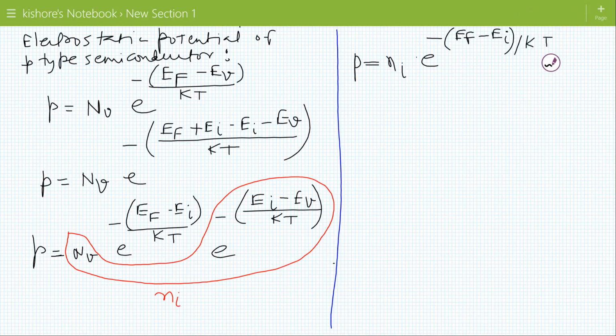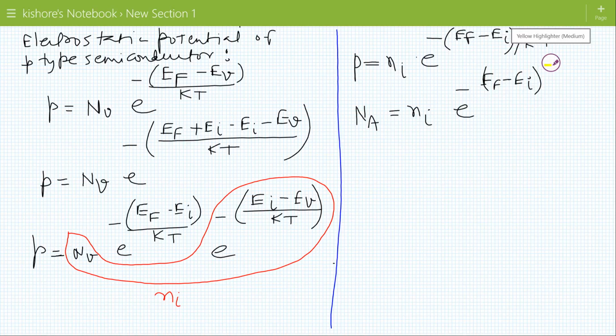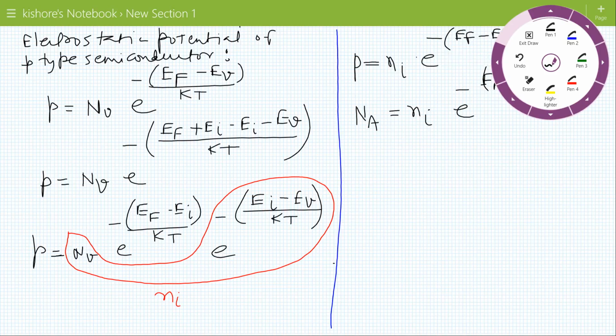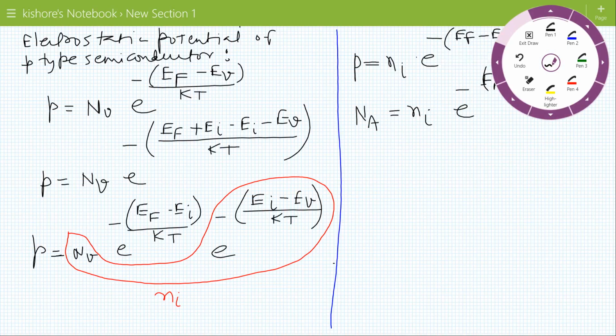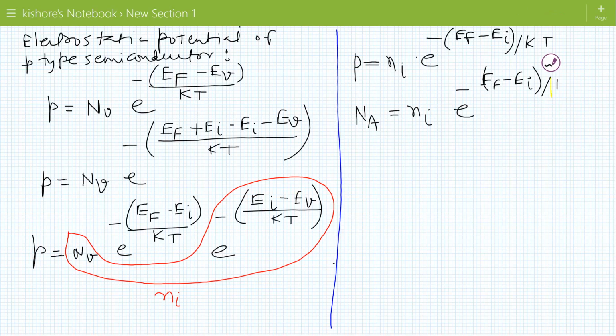In p-type semiconductor, concentration of holes is acceptor impurity concentration. So Na is Ni e to the power Ef minus Ei, sorry, by Kt.